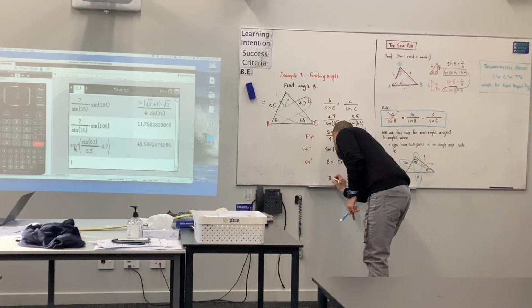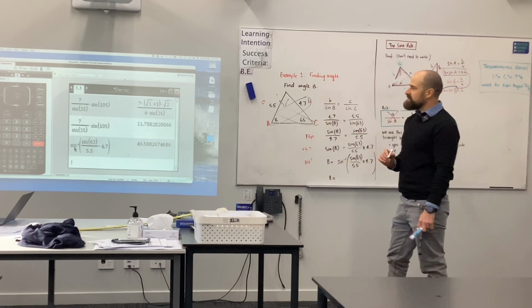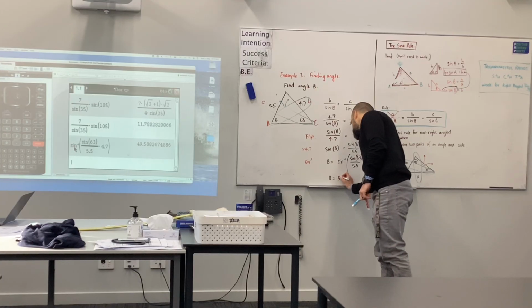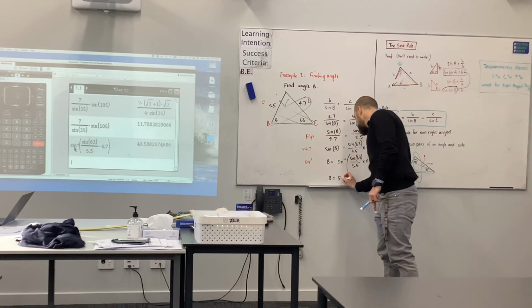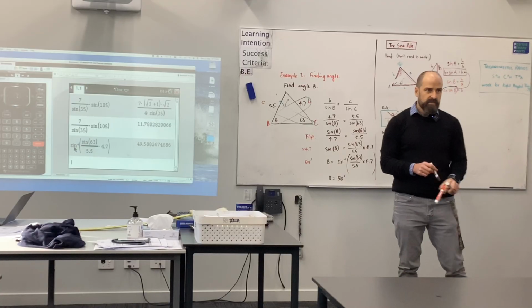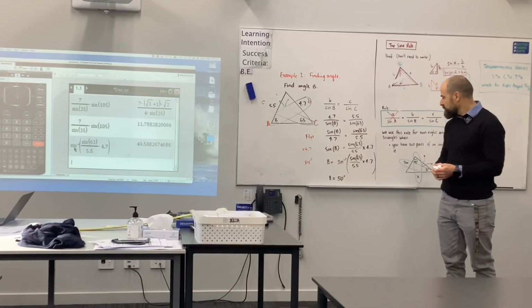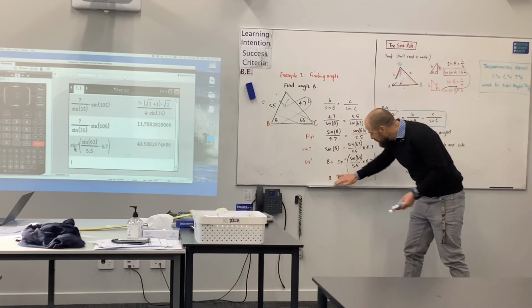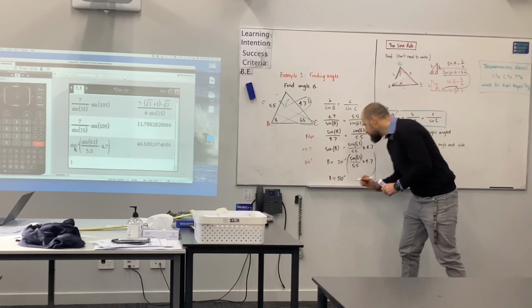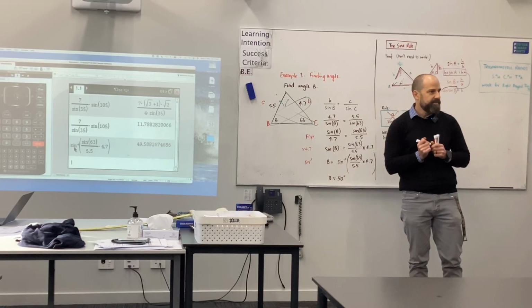I'm actually going to round off to the nearest whole number, because often we do with angles, and it will be 50 degrees. And if you want, you can keep your little squiggly equal sign in there to indicate that this is approximate and that you have rounded off.